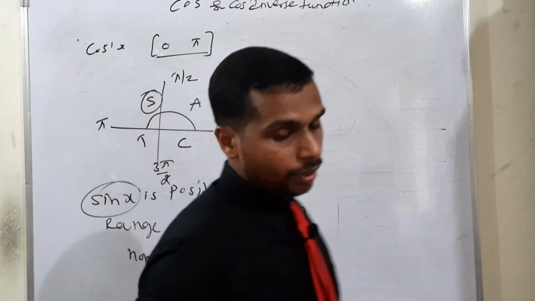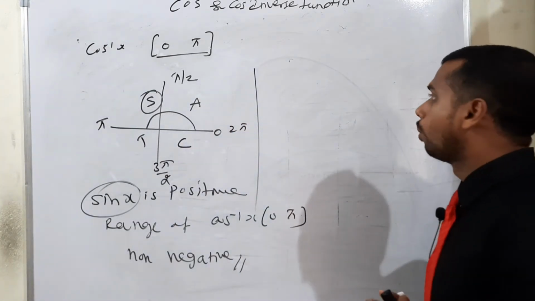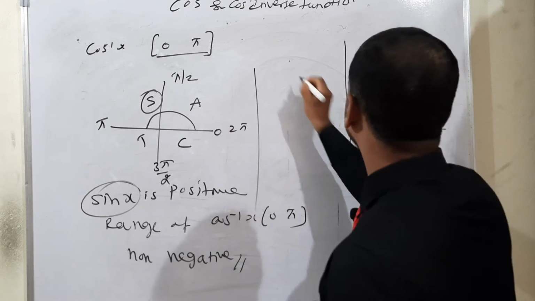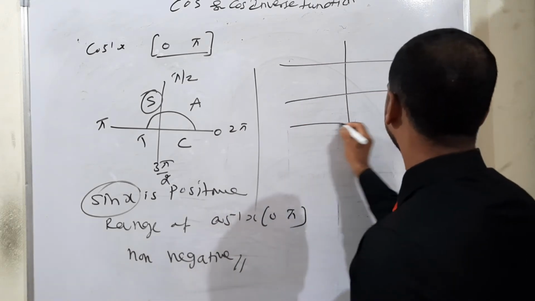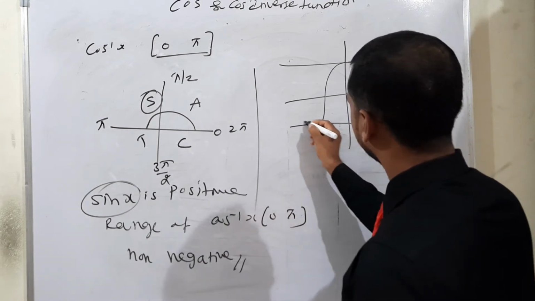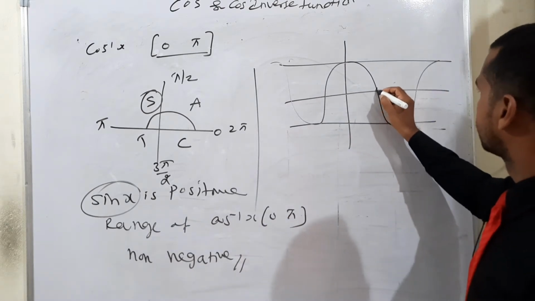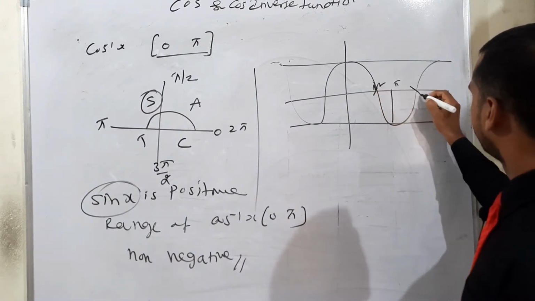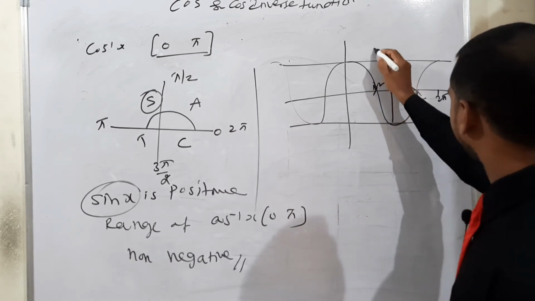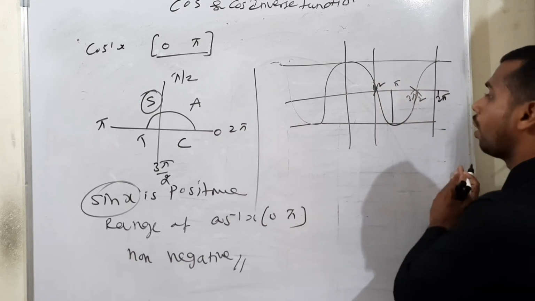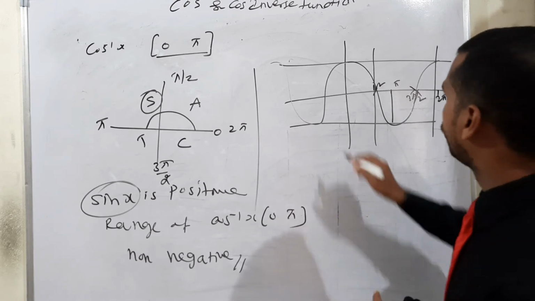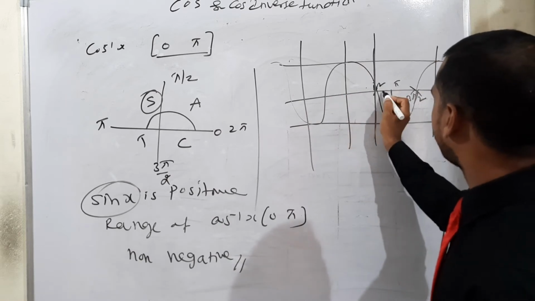Another important point: this is the principal domain, we have different restricted domains. If you have the cos x graph, with points pi by 2, pi, 3 pi by 2, 2 pi, and you draw the restricted domain, we can draw it continuously, but the restricted principal domain, with the origin point, will definitely run from negative pi by 2 to pi by 2.